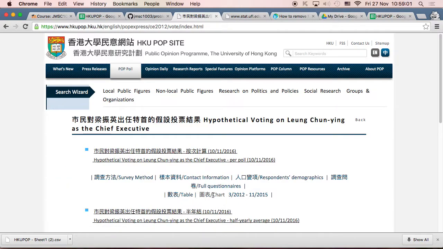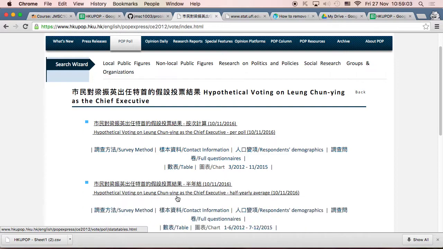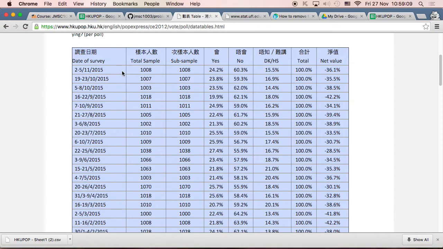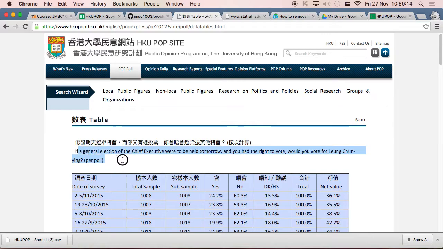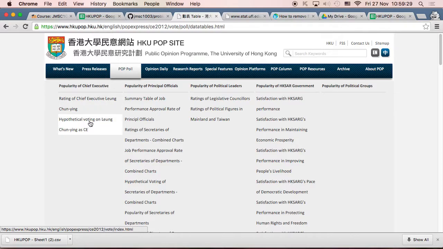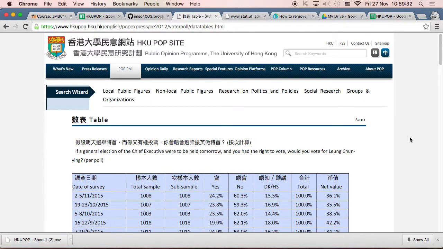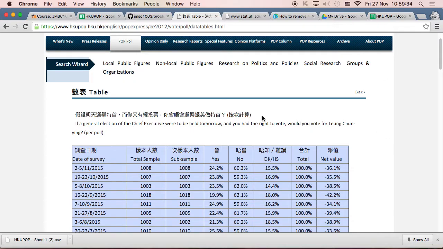You can look at the table here, and then you get the data. If there is a general election for chief executive and you have the right to vote, but actually most of us don't, so this is the hypothetical voting on CY Leung.